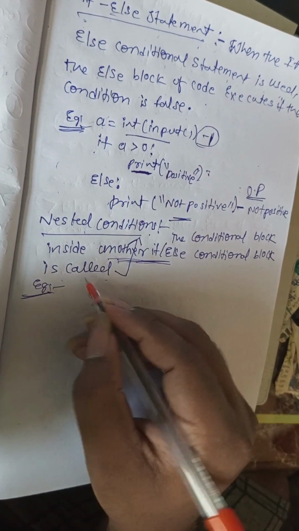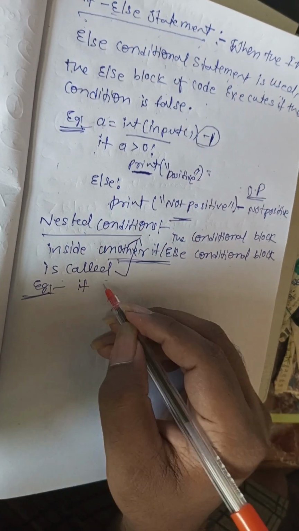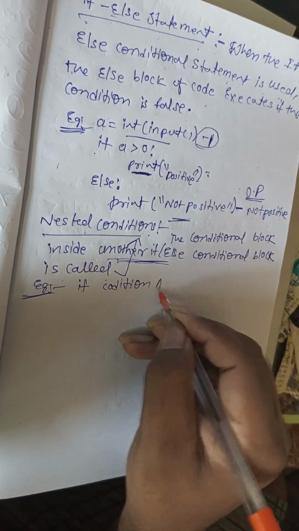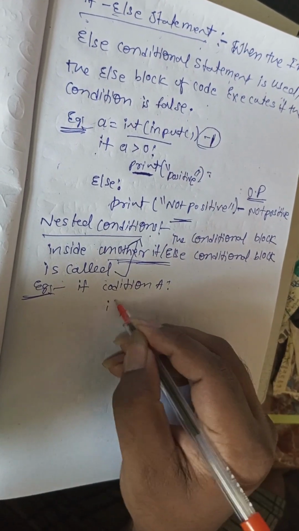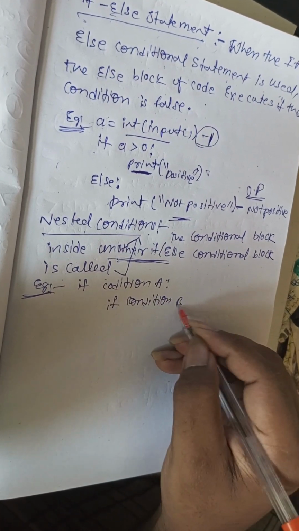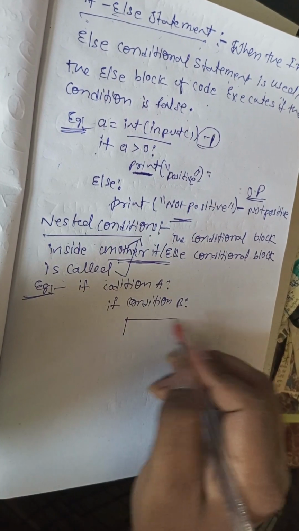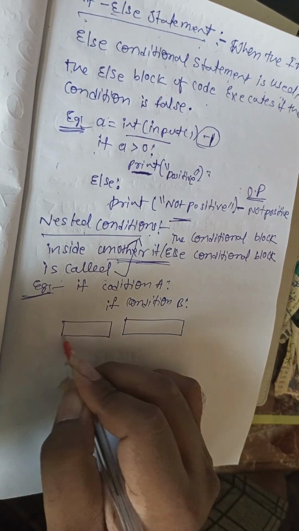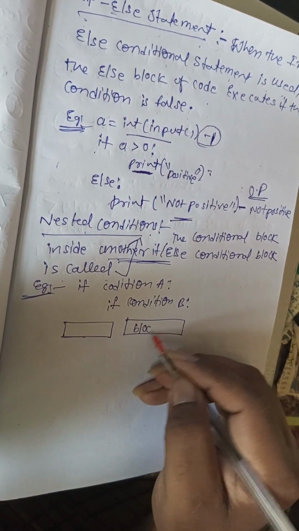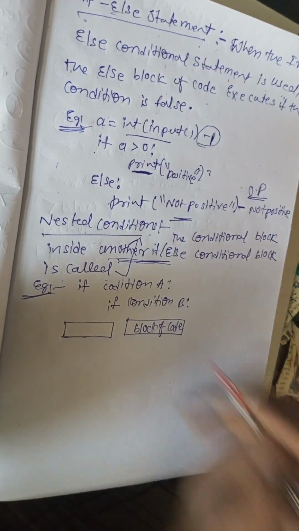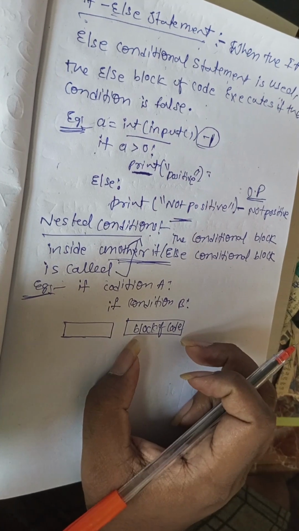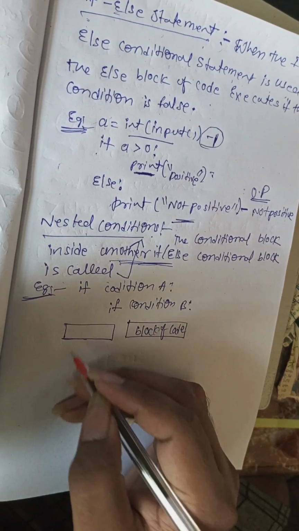I am writing if, I am using if and having condition A. Again in inner I write condition B inside. I'm giving some indentation. I'm writing here block of code. Give some indentation spaces and I'm using accordingly a block of code. Next I am using else.